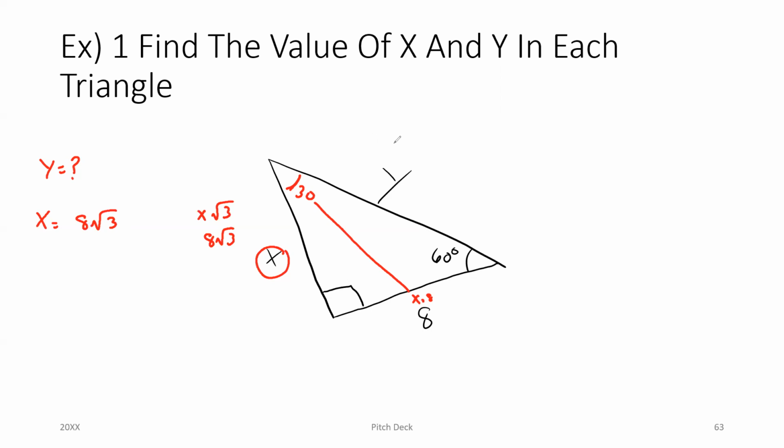Well, y is considered the hypotenuse, because it goes with the 90. So according to the 30, 60, 90, to find the hypotenuse, it's 2 times x, or 2 times the smallest leg. So in our case, our smallest leg is 8. So it's 2 times 8, which is 16. So your y value is 16.